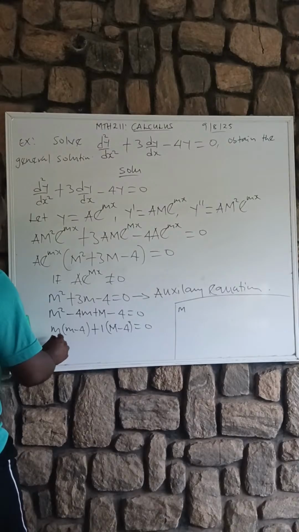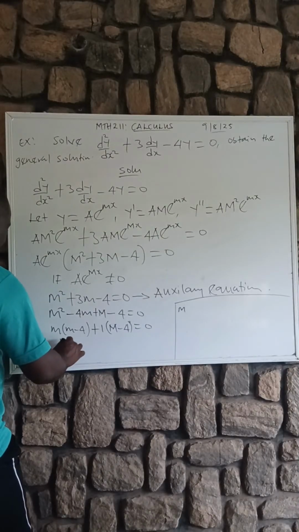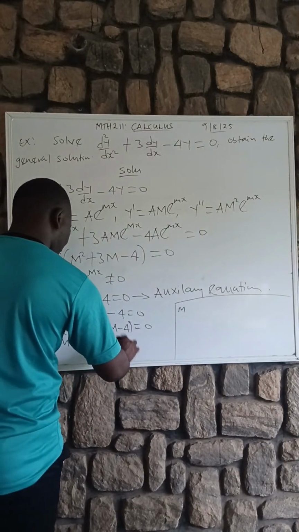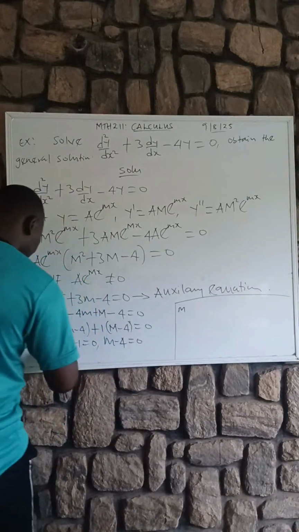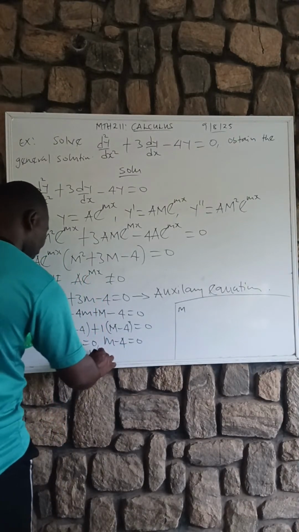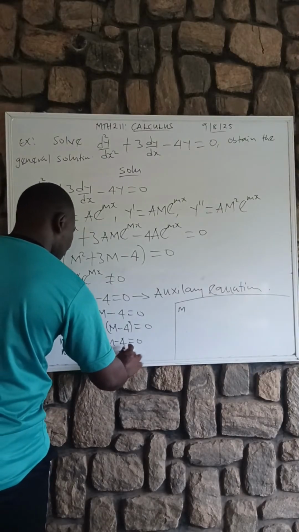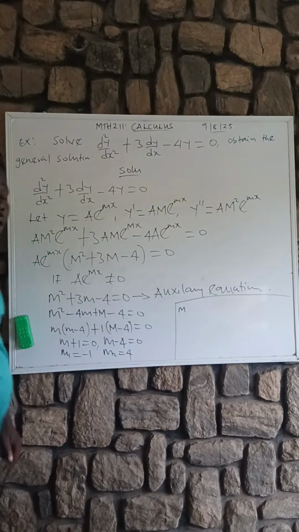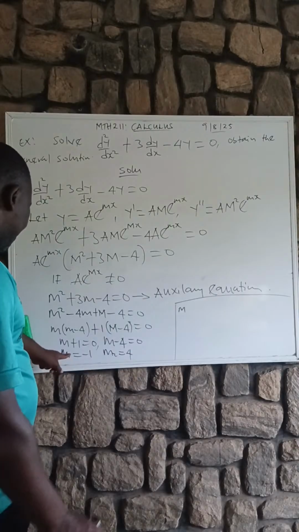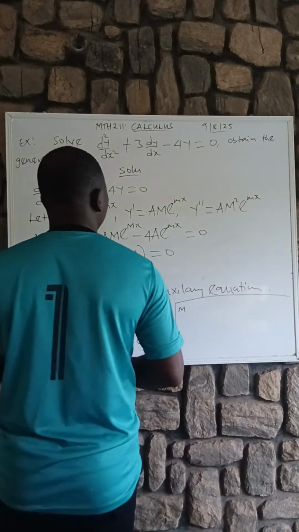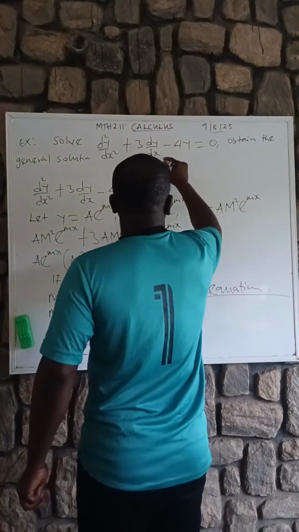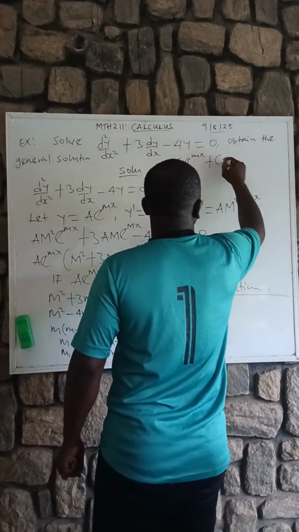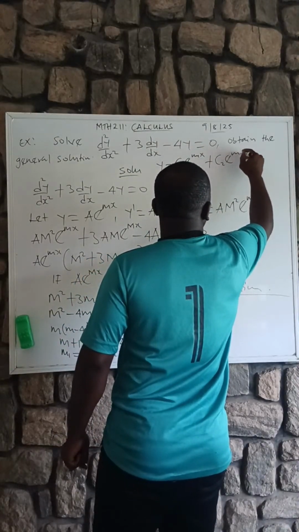So as you can see now, here will now be m plus 1 equals 0, then m minus 4 equals 0. So it implies that our m1 is equal to minus 1 and m2 is equal to plus 4, right? Am I right? Yeah. So now the general solution will be y equals c1 exponential m1x plus c2 exponential m2x.